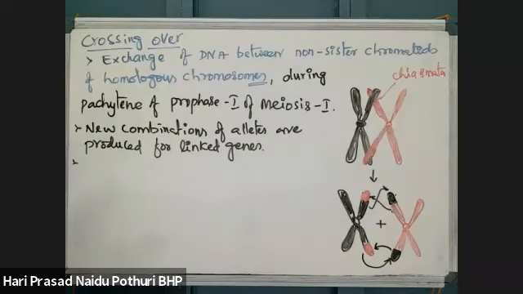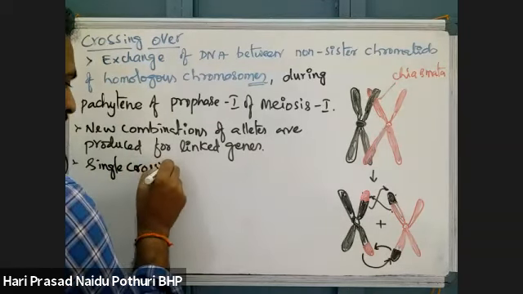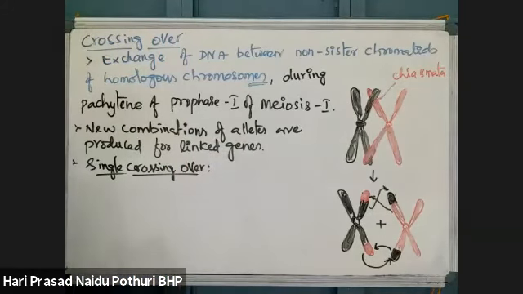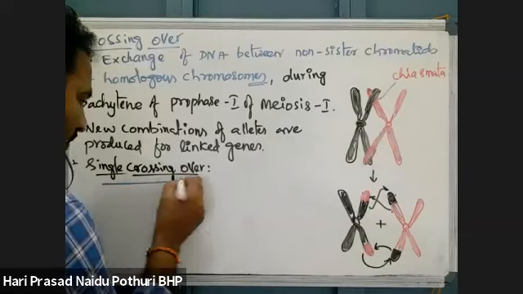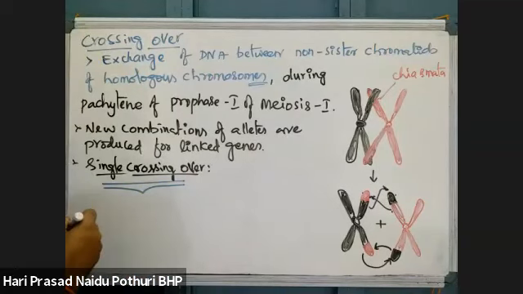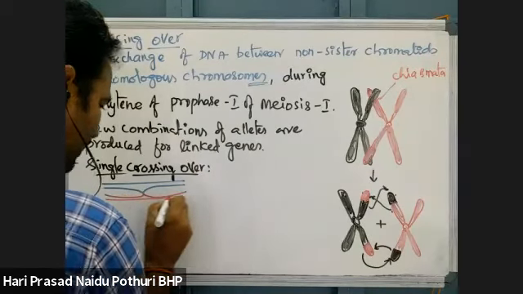This crossing over may be single crossing over, double crossing over, or multiple crossing over. What does single crossing over mean? Crossing over taking place between two chromosomes at one place. This is one homologous chromosome, and another homologous chromosome is like this.